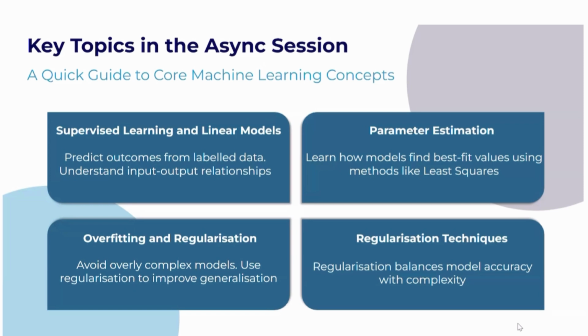What are the quick aspects we need to work out? Supervised learning based workarounds and linear models. When the dataset is continuous, labeled, supervised, how do we understand the input and output relationships? How do we get the best fit values of the models?